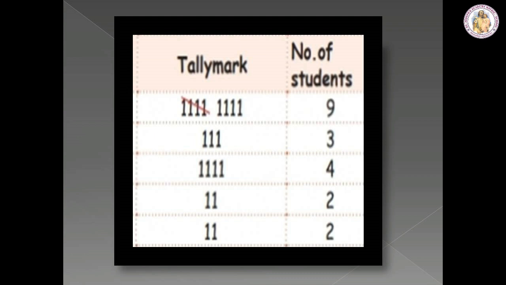The next one had 3 lines, that is 3 students. The next one, 4 lines, that is 4 students. The next one, 2 lines, that is 2 students. And the last one again 2 students, so it has 2 lines.